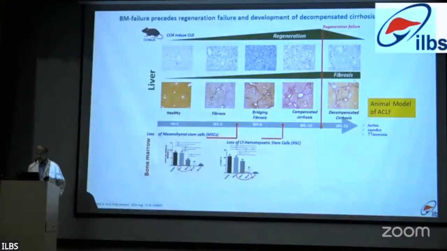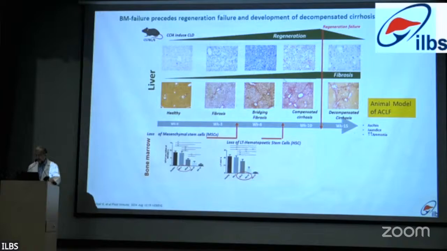So we further went down to see what comes first. Is it the bone marrow which causes the liver injury, or is it the liver injury which leads to marrow failure? The bone marrow failure precedes the regeneration failure by 3 weeks. So here, healthy, fibrosis, bridging fibrosis at week 6, and compensated cirrhosis by week 10.